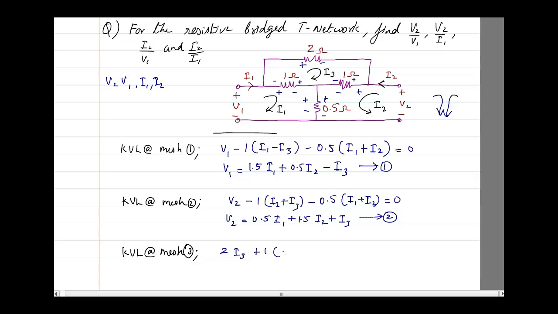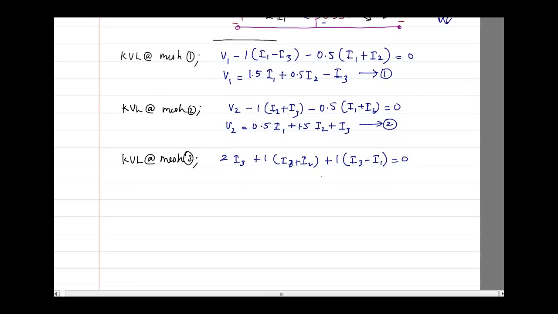plus 1 times I3 plus I2, that is for this resistance, then plus 1 times I3 minus I1 is equal to 0, from which I can rearrange. Let me write the I3 component, so this is going to be 4 I3.